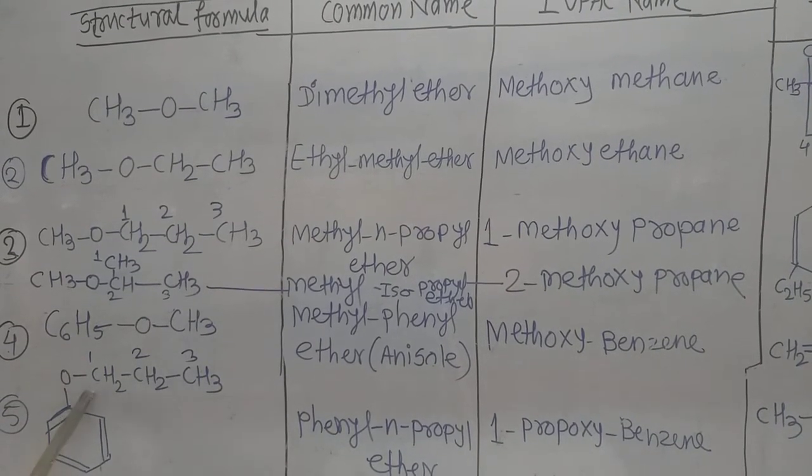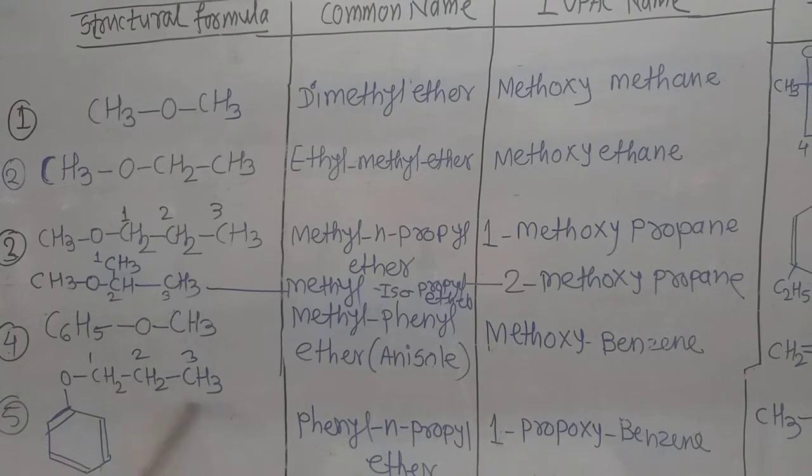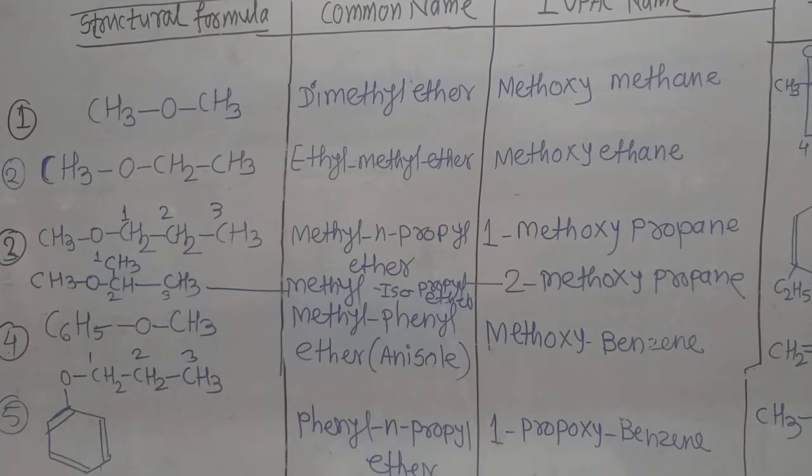As the first carbon of this propyl group has the oxygen attached, the IUPAC name of this compound is 1-propoxybenzene, because benzene is the larger group, having 6 carbon atoms, and this is only a 3 carbon atoms group. So benzene is the parent, and the name is given as 1-propoxybenzene.